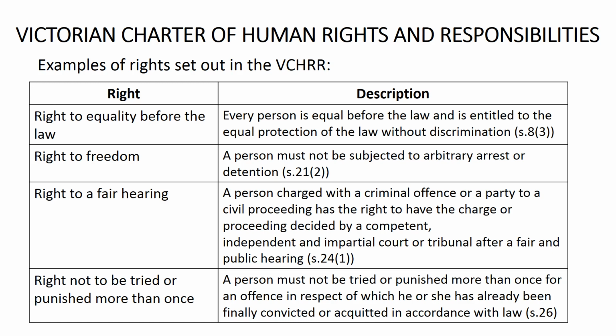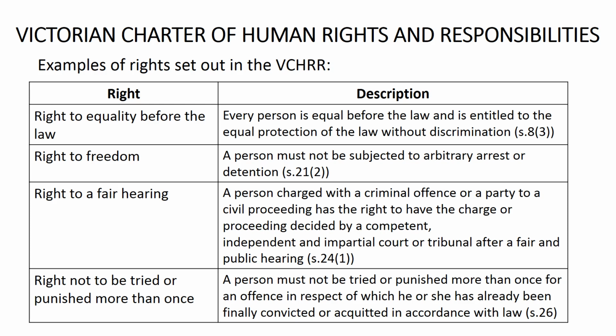The third right is the right to a fair hearing. This is one that we look at in some detail in Year 12, so it might be a very good example to remember for these purposes. What this right provides is that a person charged with a criminal offence or who is a party to a civil proceeding has the right to have that charge or proceeding decided by a competent, independent and impartial court or tribunal after a fair and public hearing.